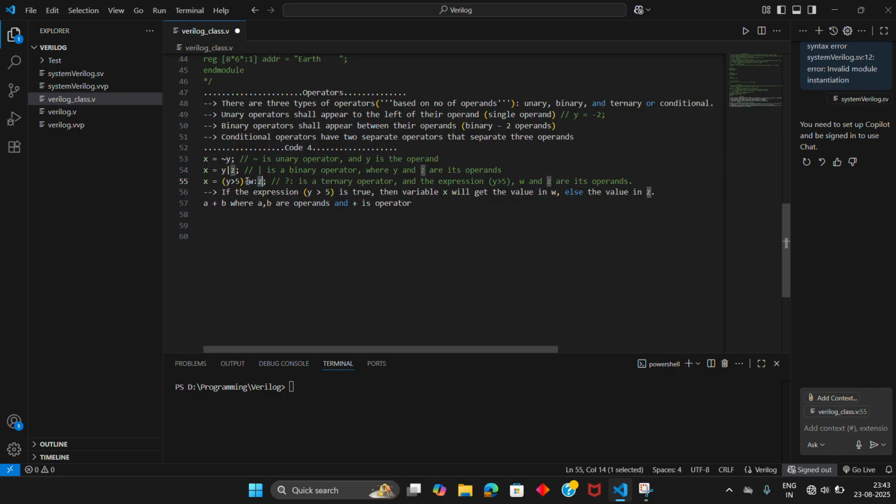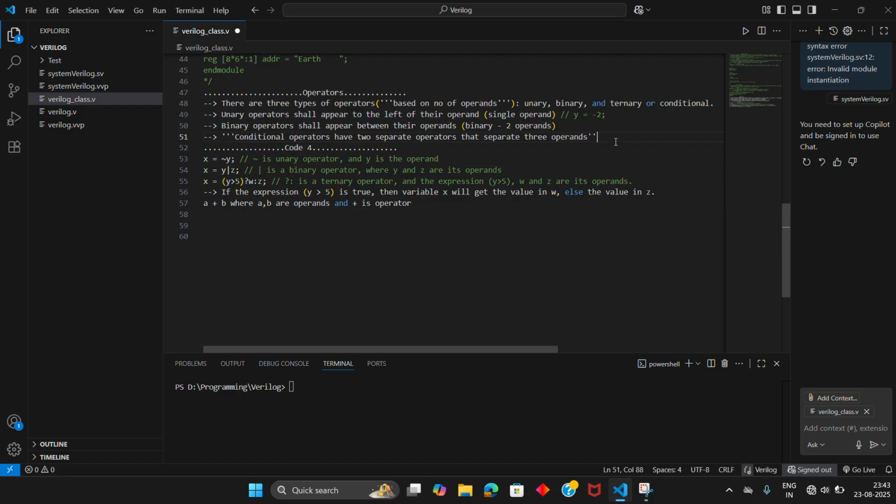All these three variables are separated by the question mark and colon. I hope you understand. This is also a most important thing you have to remember.